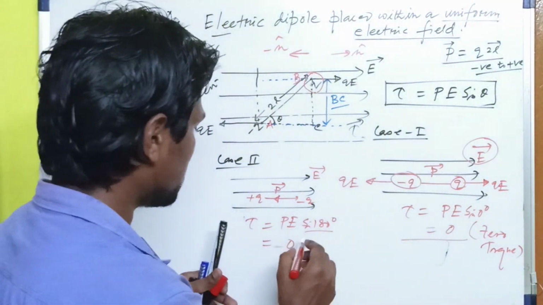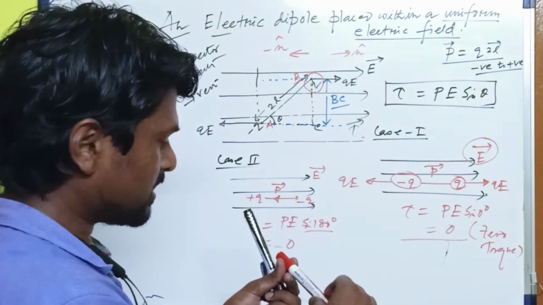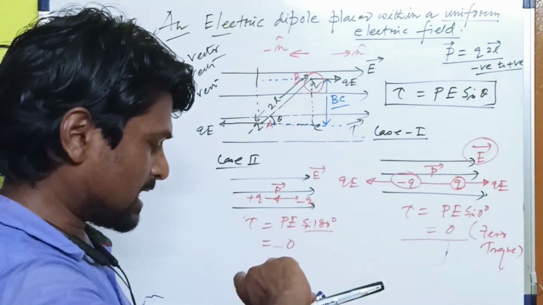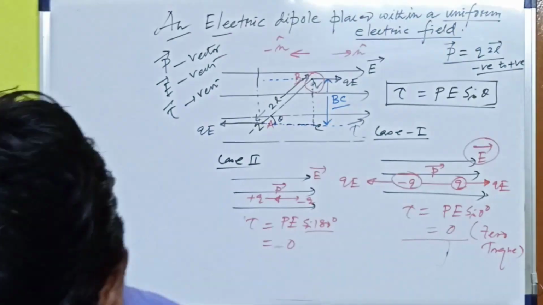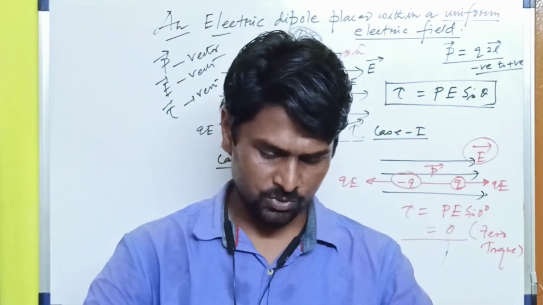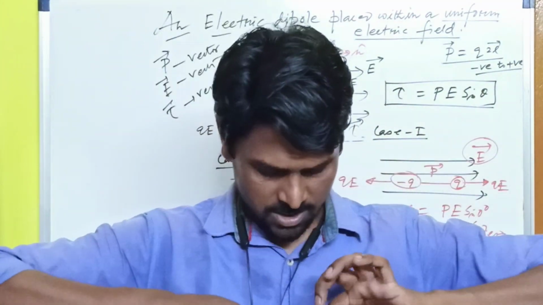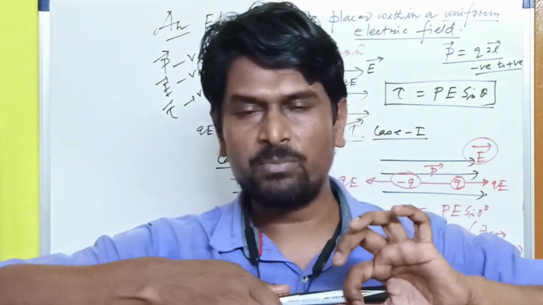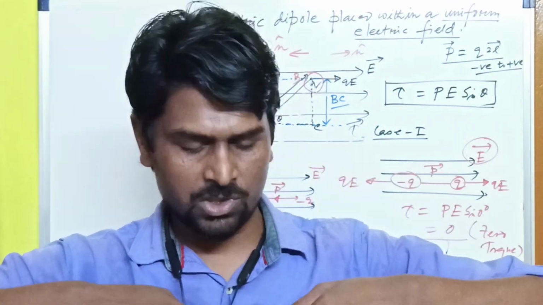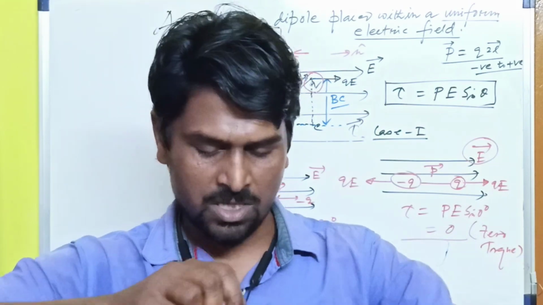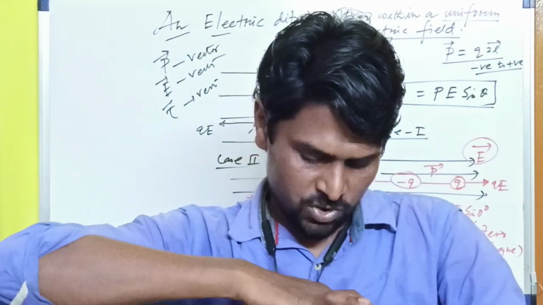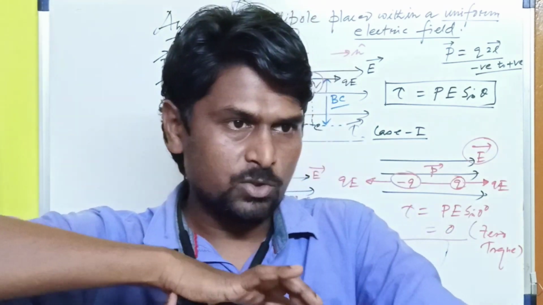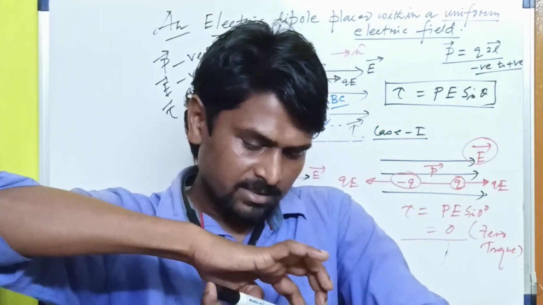Suppose these two forces act like that, and I can show those forces. Suppose this is the first case, with our right hand we apply the force QE along this direction, and with our left hand along this direction. Then the torque is 0.